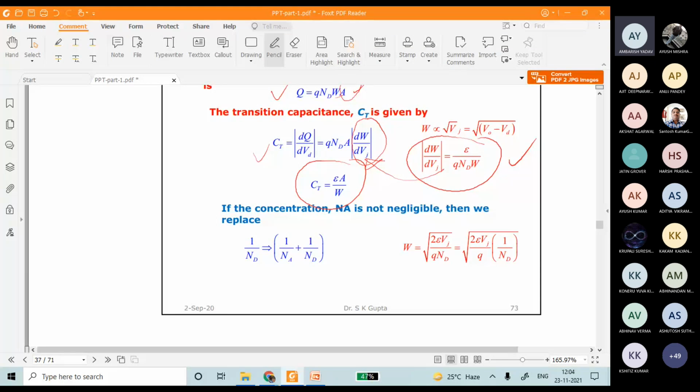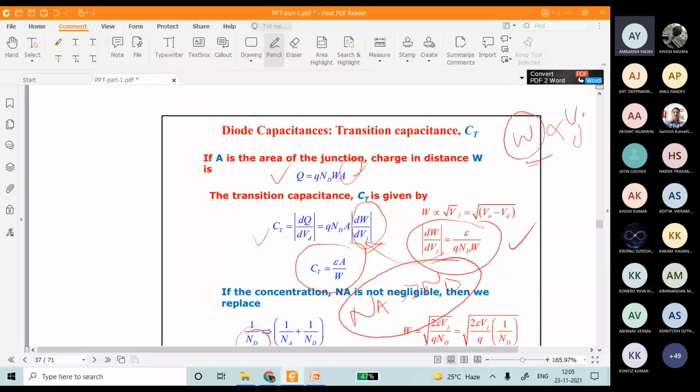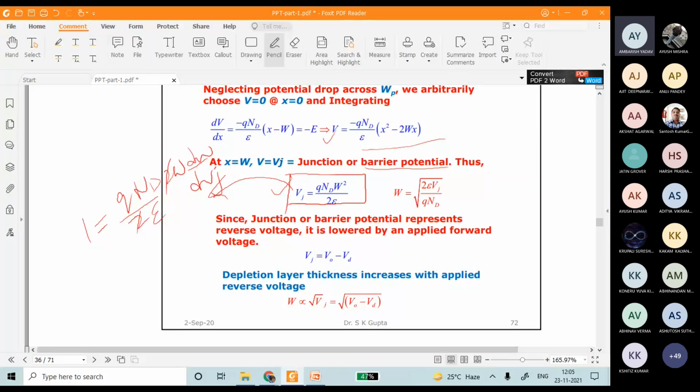In the derivation, we have assumed that Na is greater than Nd, but if it is not the case, then in the computation of the junction width here, which we have as W, we can write it like this: 2 epsilon Vj upon q times 1 upon Nd.